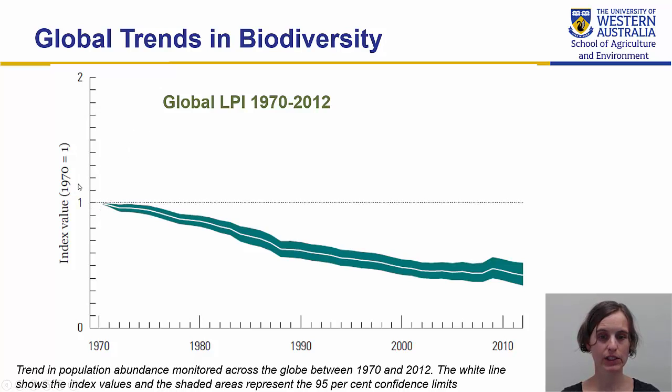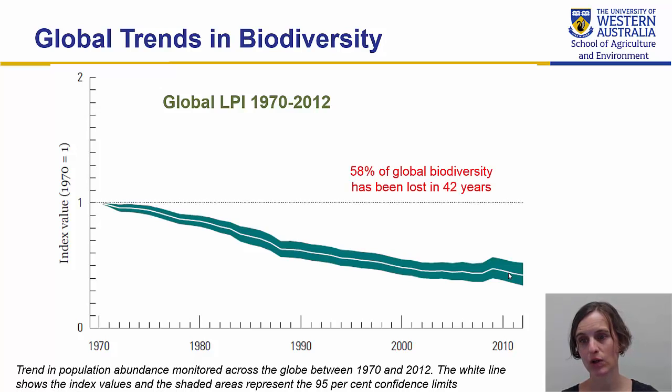In 1970, we started with a value of 1, which gives you the base value, the reference value. And you can see that over time, that white line here, biodiversity is going down. So we have a negative rate of change.